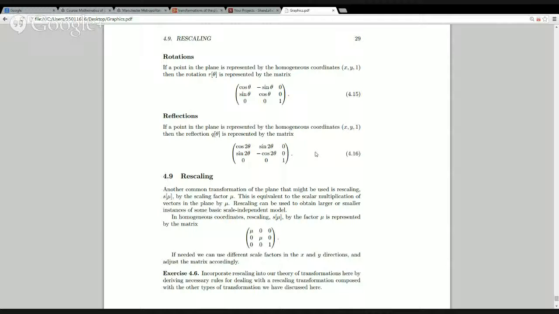And we can also handle rescalings, though rescalings, of course, are not isometries, because they obviously change distances. If you rescale the plane by shrinking or growing, you're obviously changing distances. But they are useful transformations to use when we're assembling virtual environments.